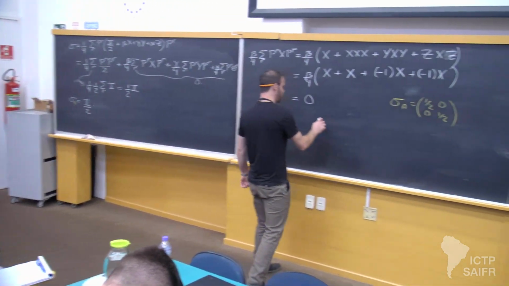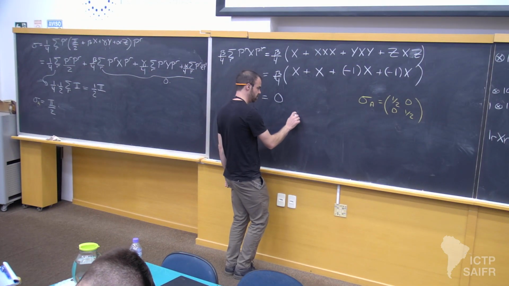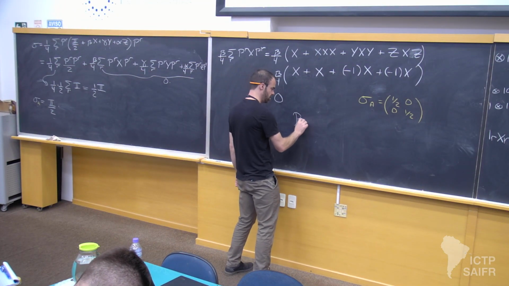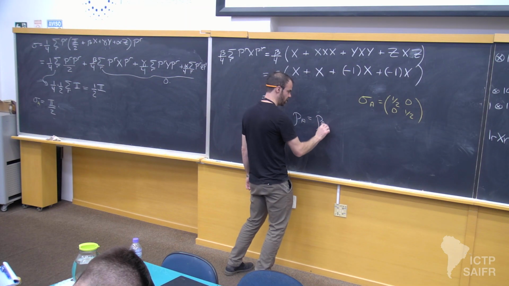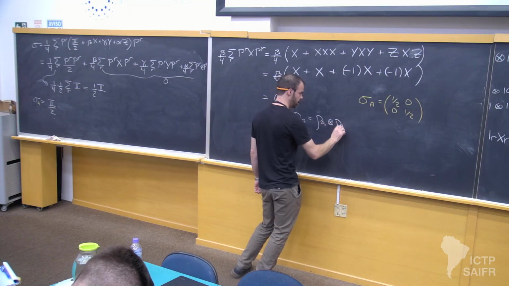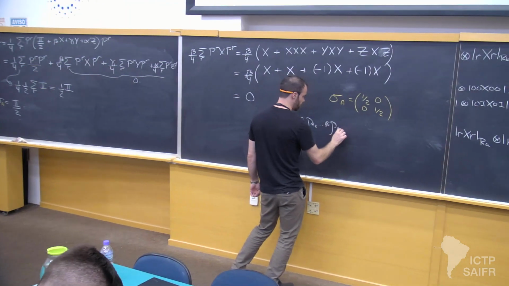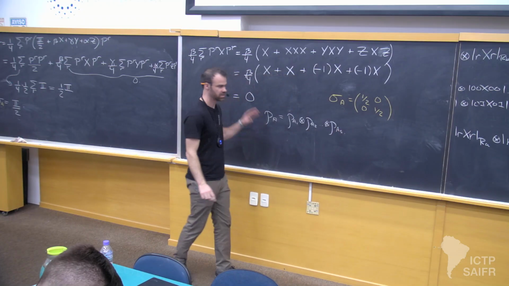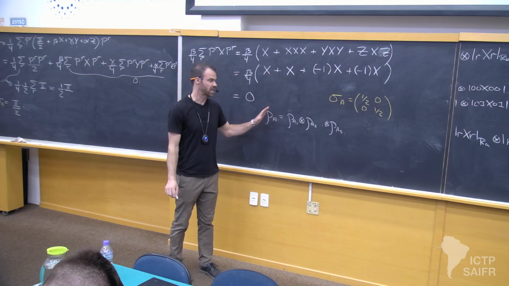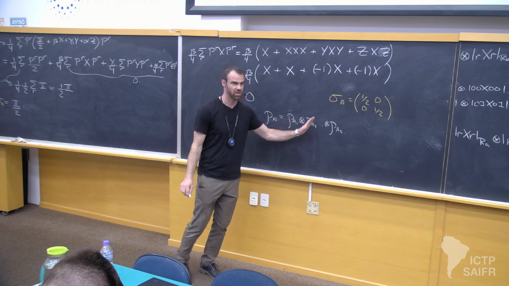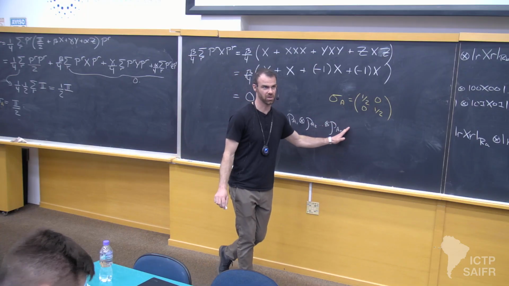If the state on A is row A1, tensor row A2, tensor row A5, it's pretty clear that this procedure is going to work by just repeating it each time separately for each qubit.